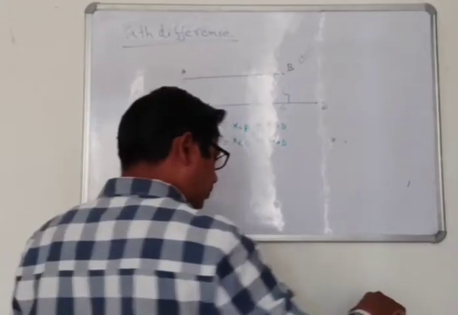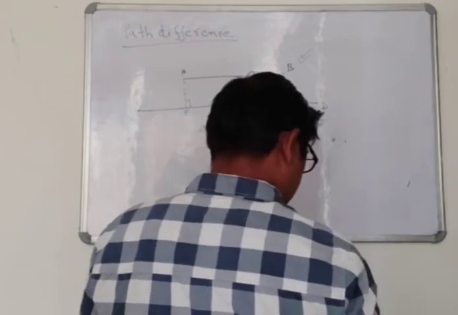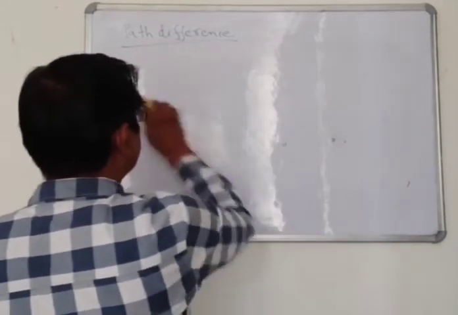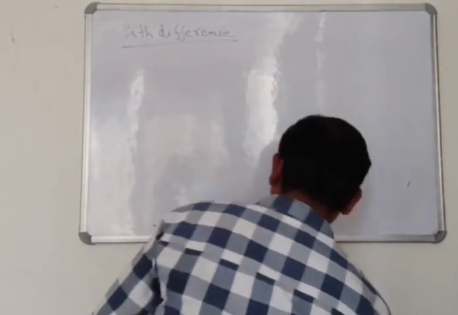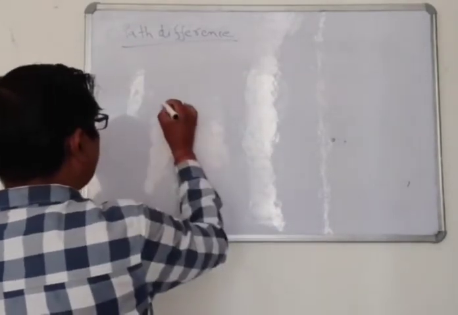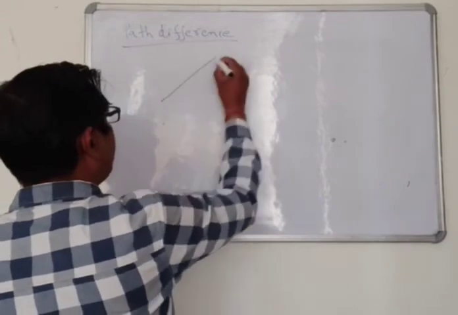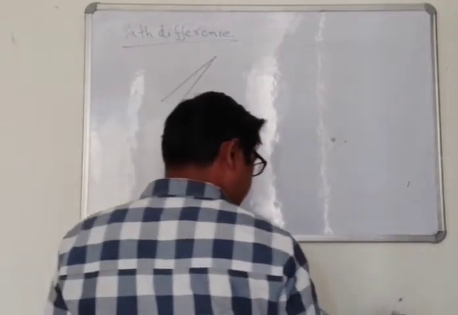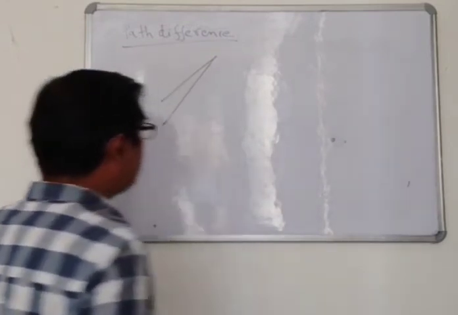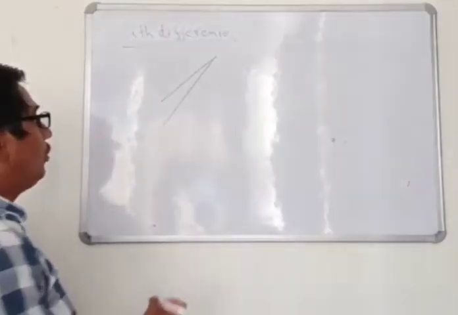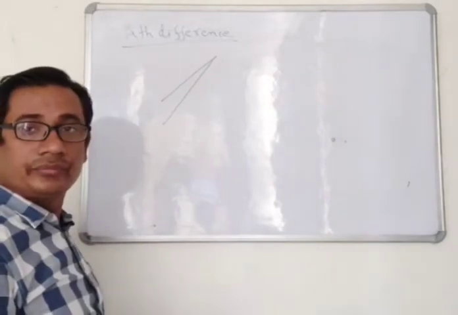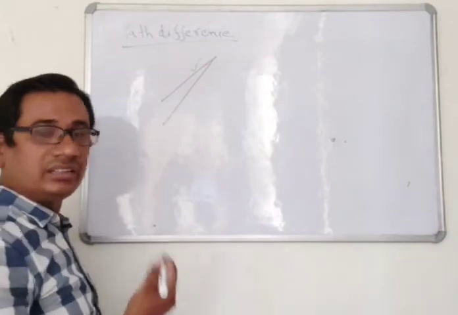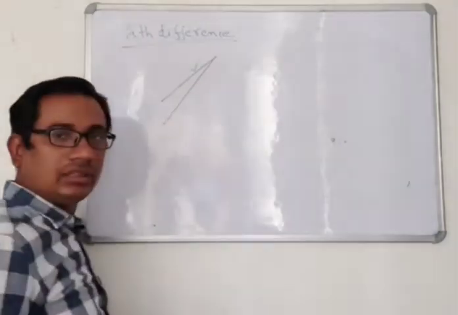Okay, now suppose that in this example, two objects are traveling like that. By the geometrical method, first you will choose the shorter path. This one is the shorter path, and this one is the longest path.